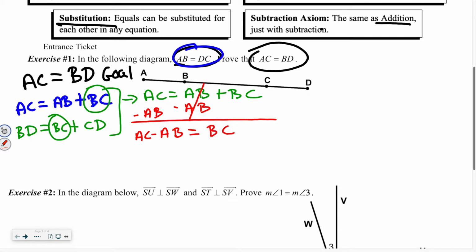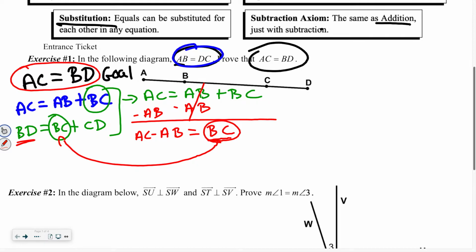Great. Now that I have BC, I can take BC and substitute it right in here. Because the whole point is for me to get to this, and I already have here a BD. When I substitute in BC, now I'm going to have AC as well in that equation. So when I have two variables in both equations, I solve for one and I substitute it into the other.